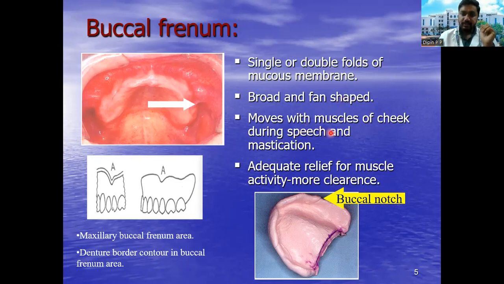This also moves with the muscles of the cheek during speech and mastication. For proper retention of the denture, adequate relief should be given for the muscle activity. In the impression, the labial frenum and the buccal frenum will be recorded as the labial notch and the buccal notch.